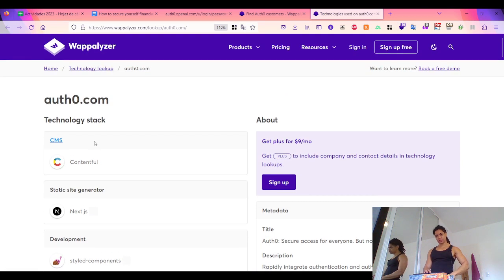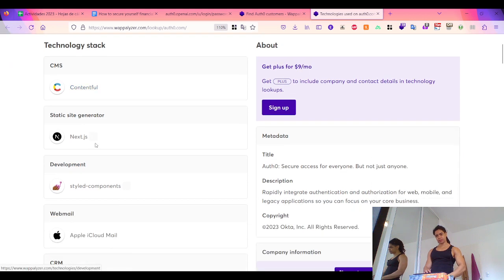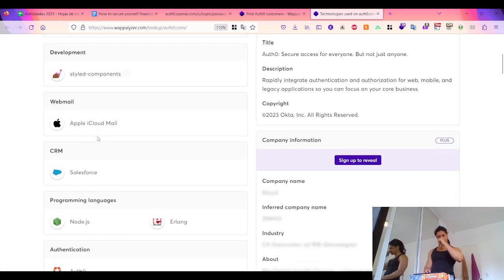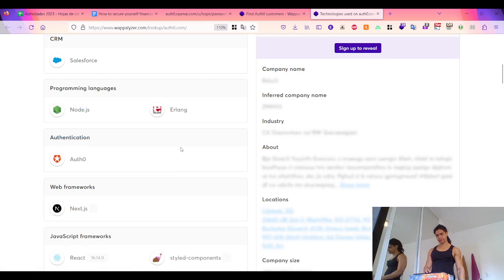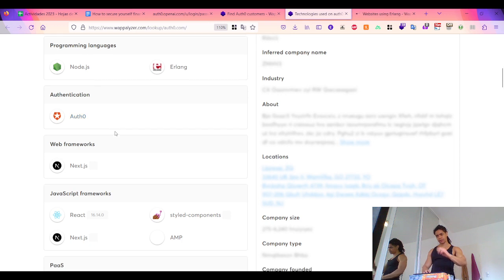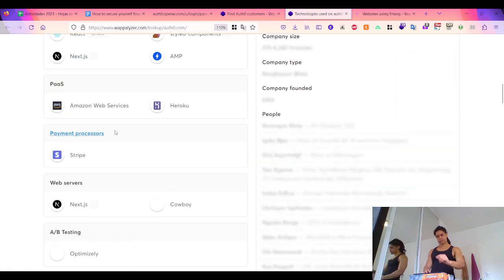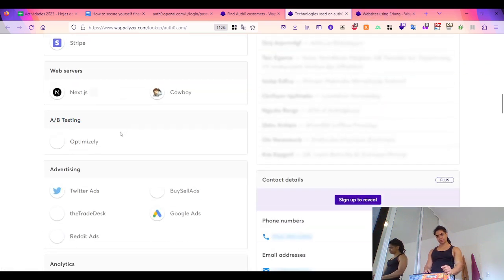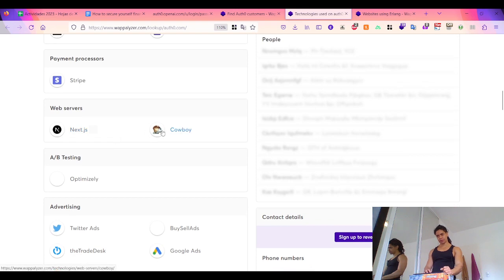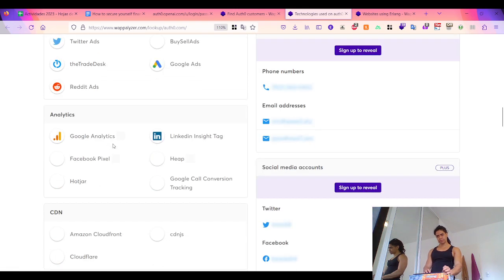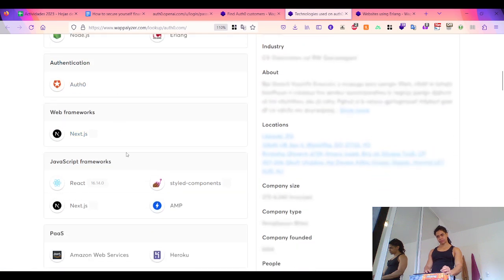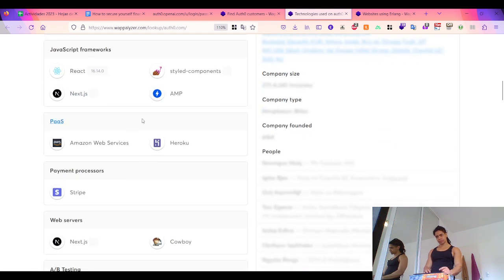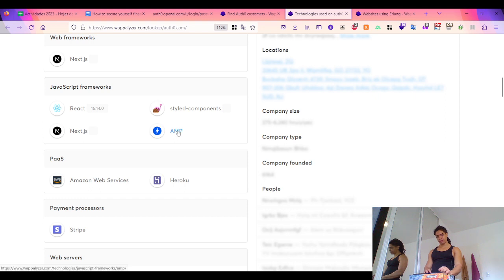OAuth 2.0 technology stacks: Contentful, Next.js, Styled Components, Apple iCloud. Node.js and Erlang is funny. Erlang. Web servers, Next.js or Cowboy. JavaScript frameworks and AMP.